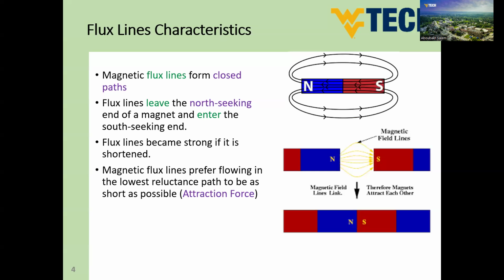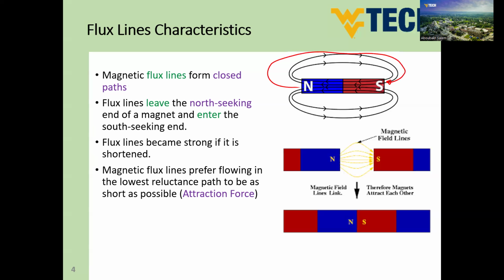I think all of you are aware of permanent magnets, and you have seen them hundreds of times before. So the magnetic flux lines form closed paths. This is very important. You have to know that flux lines move out of the magnet from the north pole and rotate to the south pole.